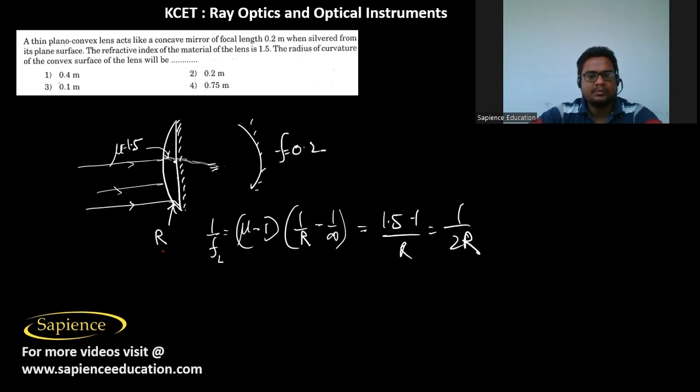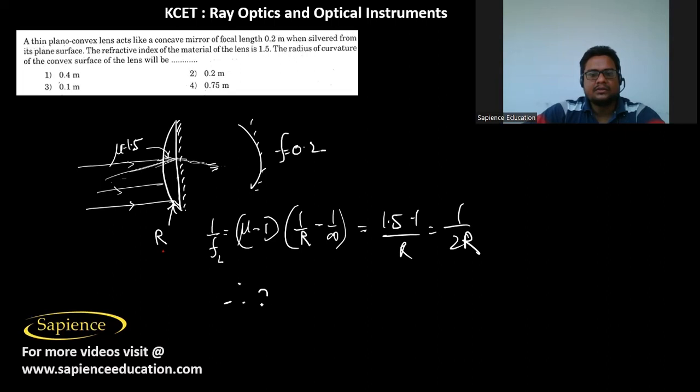So the mirror will reflect. Therefore, the image formed by the mirror will be at a distance of 2r in front of the lens.